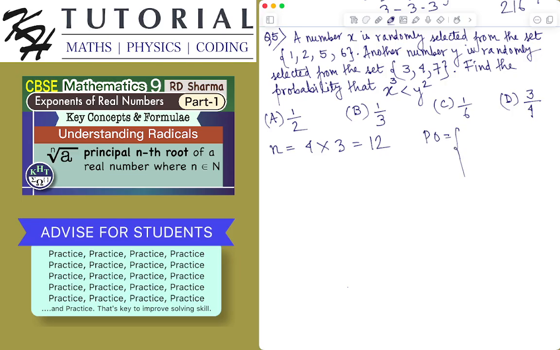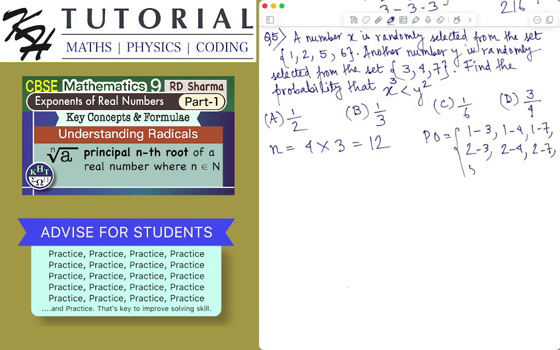it will be something like, if the value of x is 1, then I can select the value of y to be 3, 4 or 7. Again, I can select x to be 2, so 2 3, 2 4, 2 7.